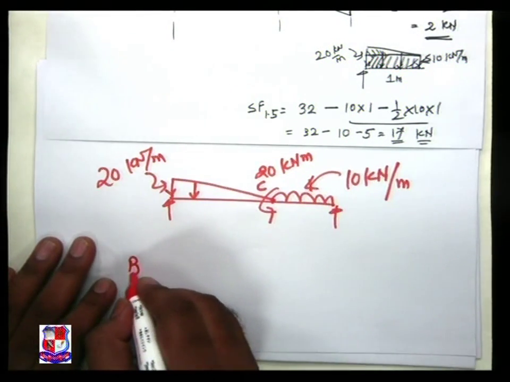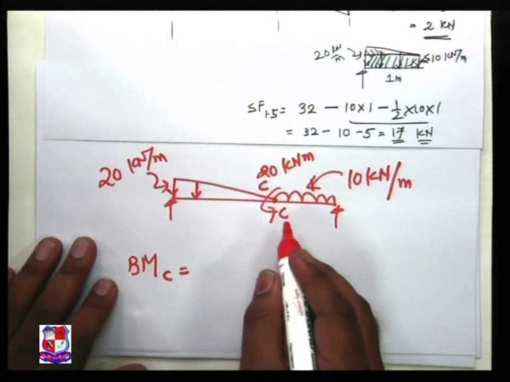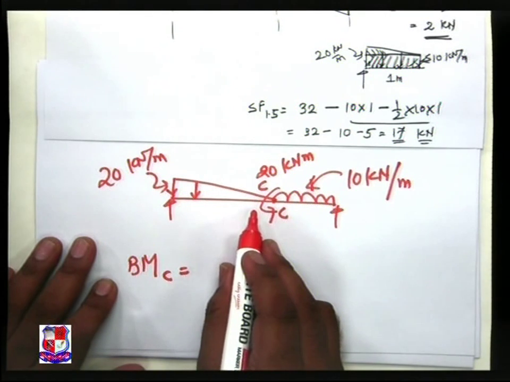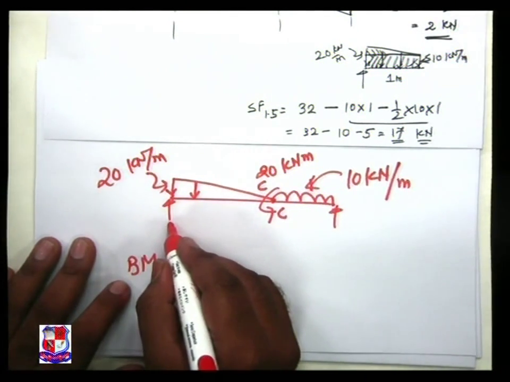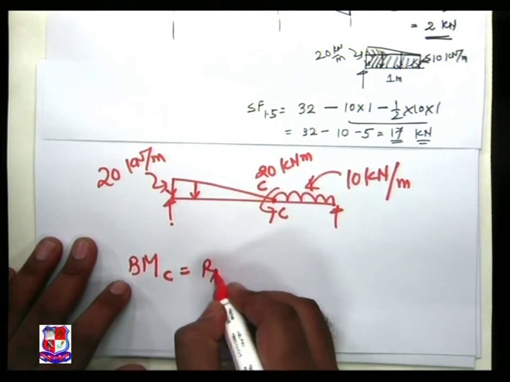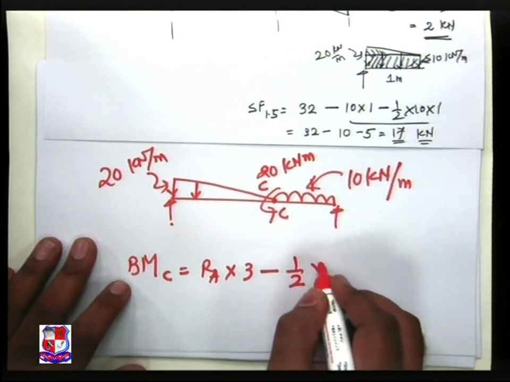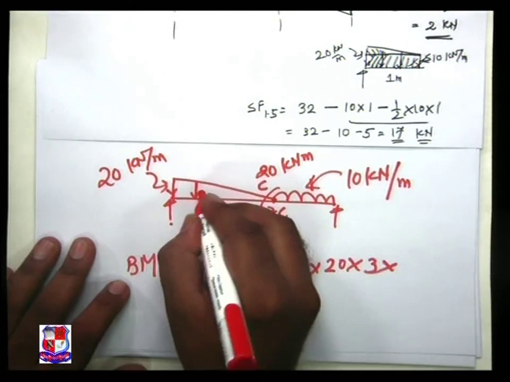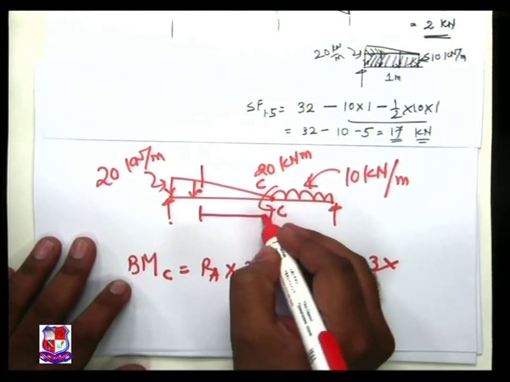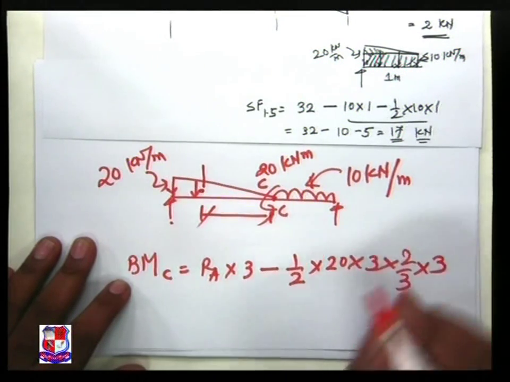So bending moment at point C, if we take just left of C, use the words just left, then in that case this RA into 3 minus half into 20 into 3 into the CG distance over here, and this is my perpendicular distance, 2/3 into 3.